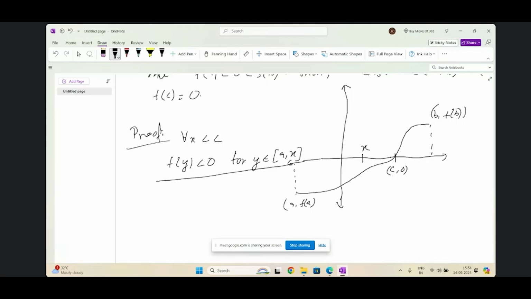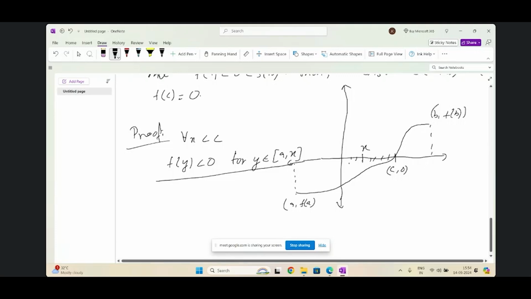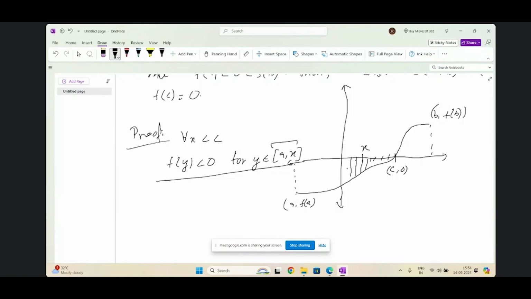If you take any point behind c, you will find that f(y) is always less than 0 in that interval from a to c. So this is going to be the basic element to create my set.